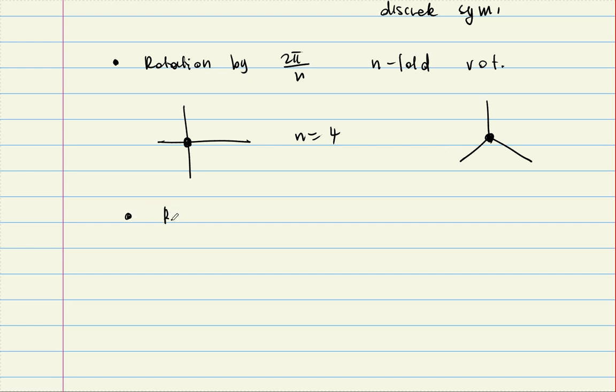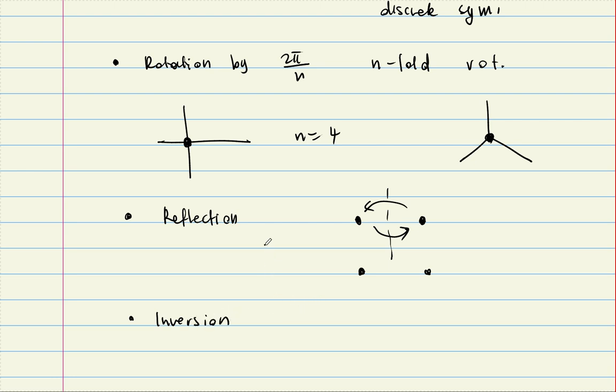Another symmetry is reflection symmetry. When we say reflection, we have some lattice with a nearest neighbor, and we reflect with respect to the center of the bond. Like, for example, here, you reflect like this. So reflection. Then there is inversion.